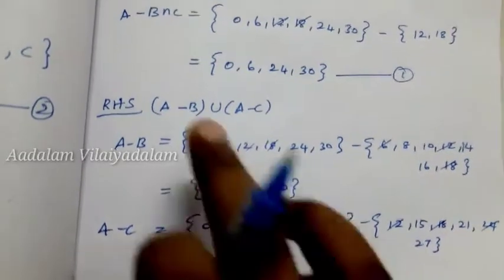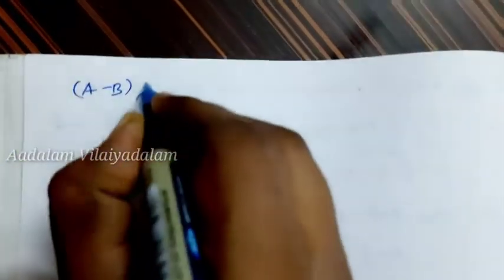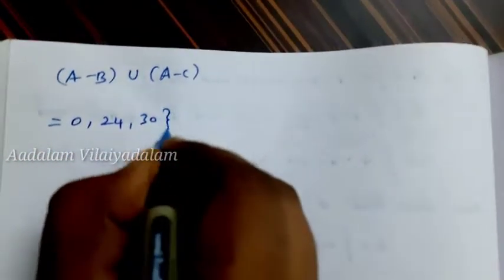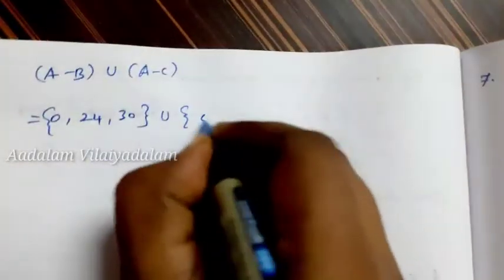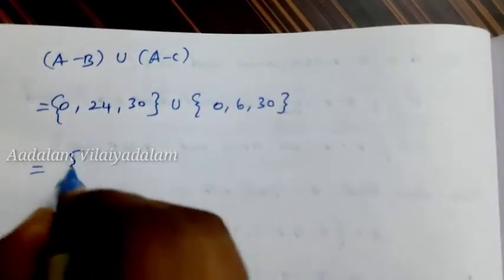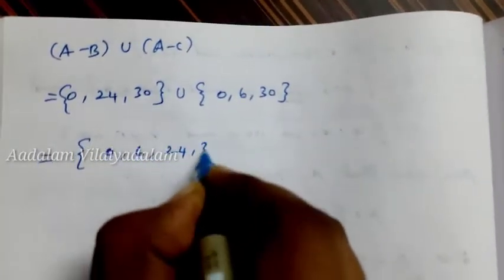Now we need to find (A minus B) union (A minus C). Therefore the A minus B value is 0, 24, 30. Now the union is A minus C, 0, 6, 30. Then together we can write, without repetition, 0, 6, 24, 30.